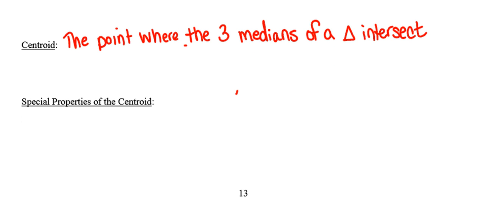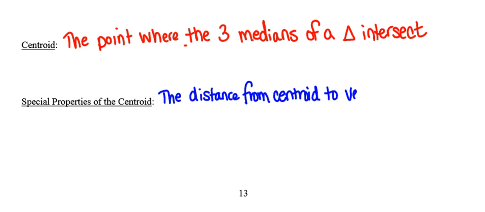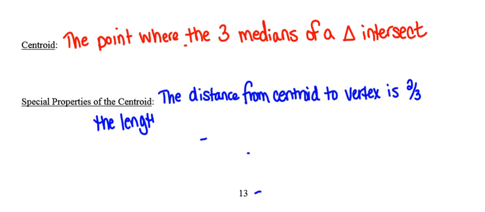The special property that you need to know and be able to use for the centroid is that the distance from the centroid to the vertex is exactly 2/3 the length of the entire median. So that's what this says in words.